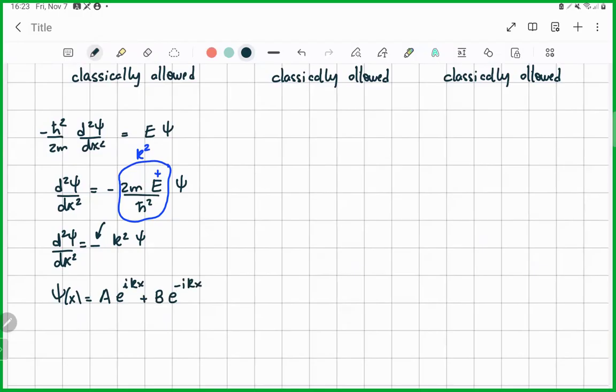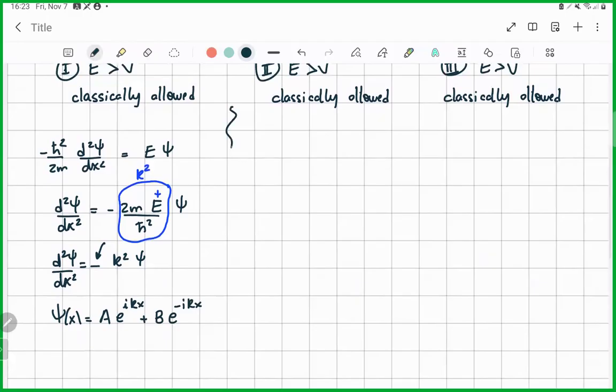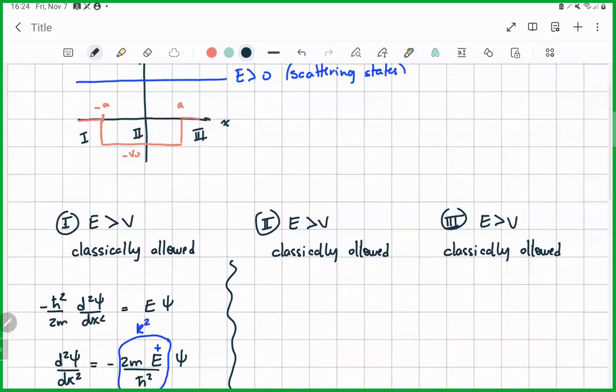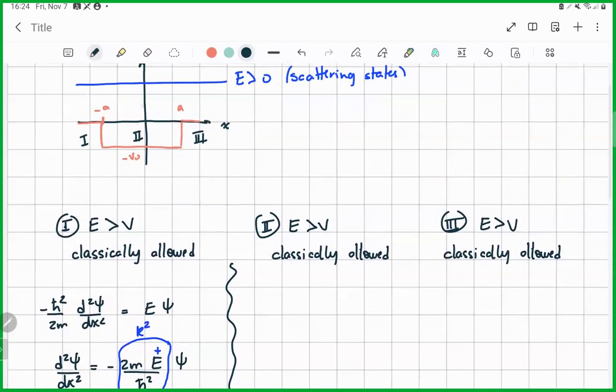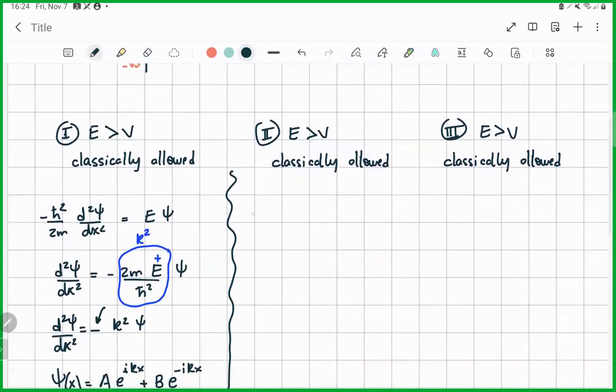Very good. Now let's move to our region number 2. Everything is very similar, except that in region 2, we do have the potential. It's not 0. It has a value here, minus V naught. So let's write this in our equation. And now we do keep the potential. I'm already going to take into account that it's negative.